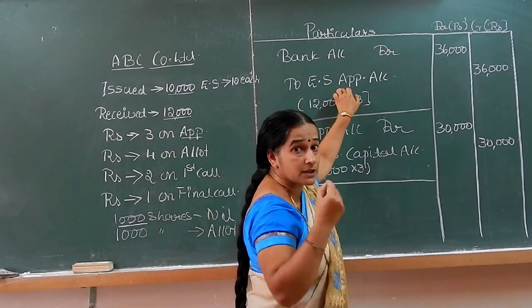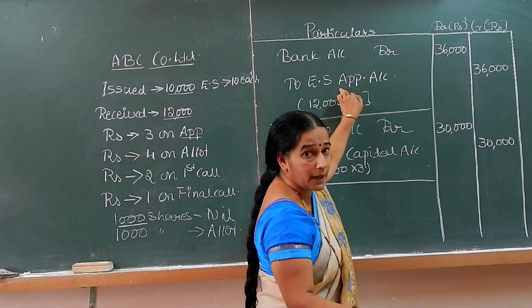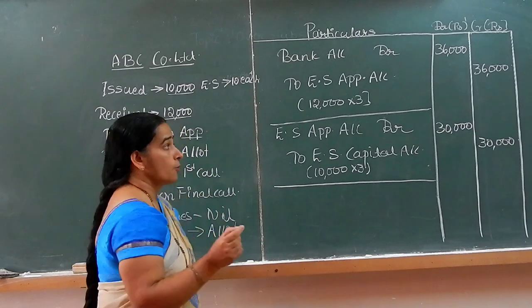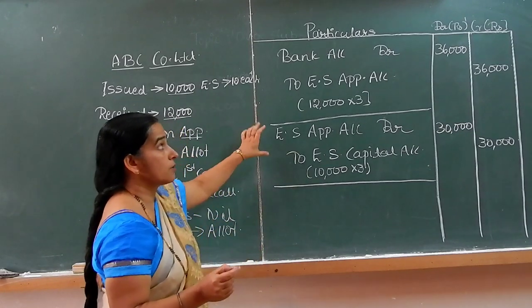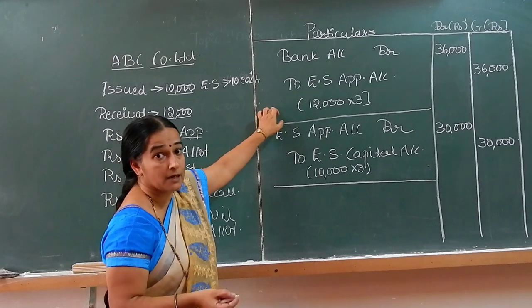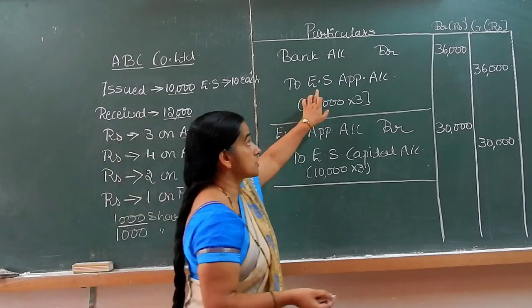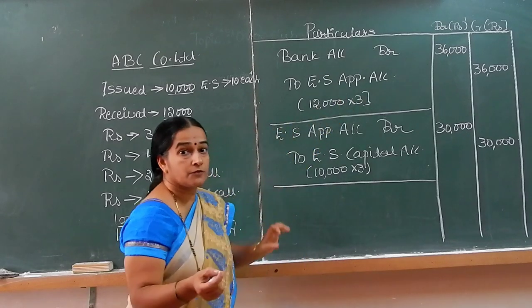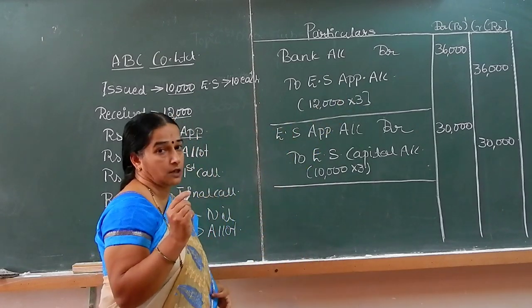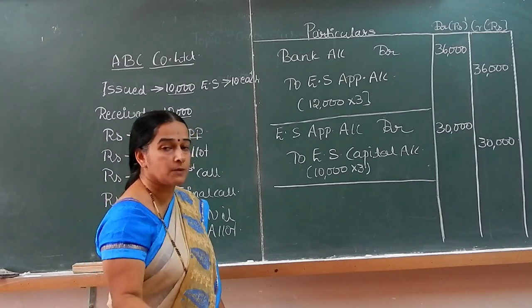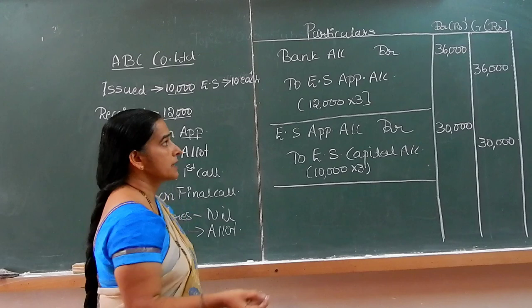Now, while returning the money to the applicant for whom no shares are allotted, what is the entry we can make now? Who is the receiver of the benefit? That is applicant. Applicant means here it is equity share application account debtor to what goes out from the business, that is check, or the application money goes out from the business, so bank will be credited.